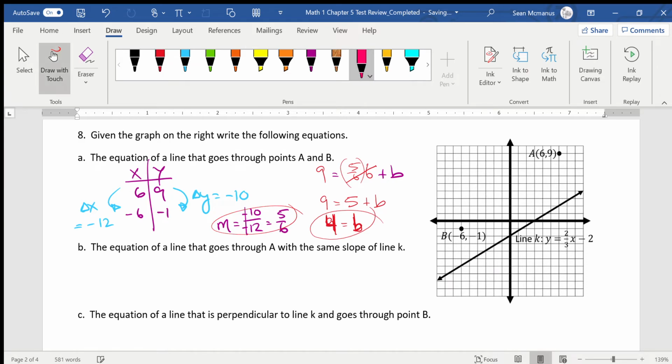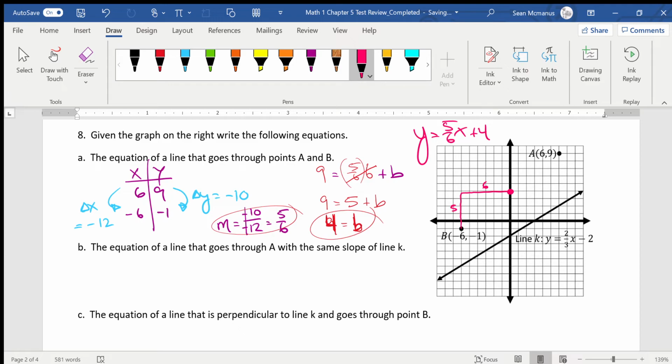My equation would be, I ran out of space here, y equals 5/6 x plus 4. Once I found the slope, 5/6, I could go up 5, 1, 2, 3, 4, 5, and over 6, and I would see right there the y-intercept at 4.